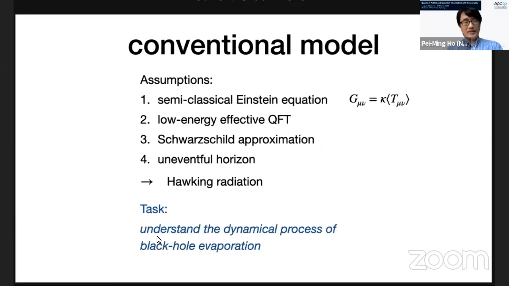And then the next assumption is that for quantum matter, for the matter collapsing into the black hole, we can use low energy effective quantum field theory to describe this matter. So this allows us to do some calculation and tells us that there will be Hawking radiation. So apparently we almost always have to make these two assumptions.